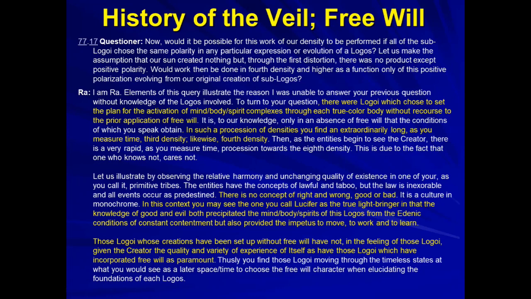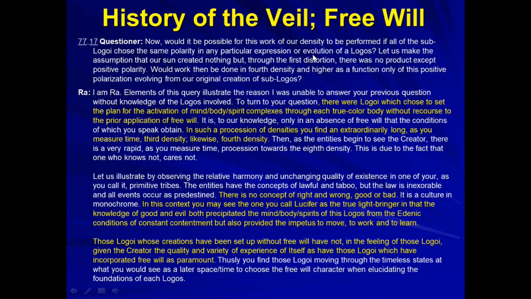Interesting, right? So the logi is the central sun, the sublogi are the other suns in the galaxy, and the sub-sublogi are third density entities like we are. That's the nomenclature they use, I guess, in Ra's lingo in eternity.